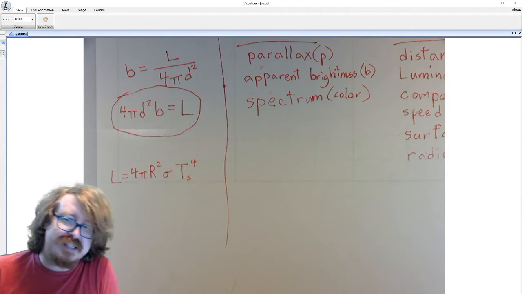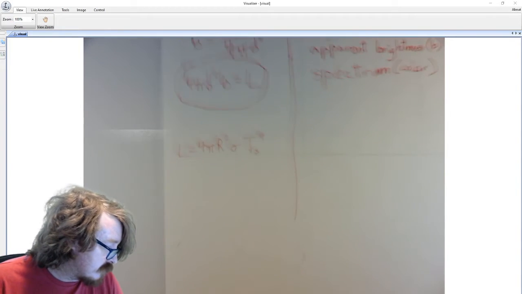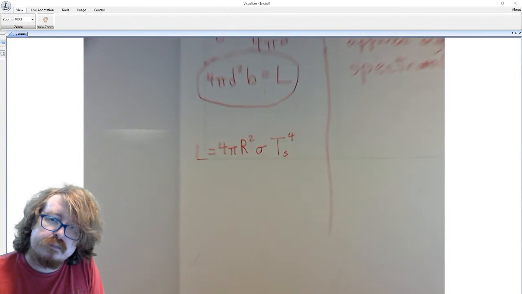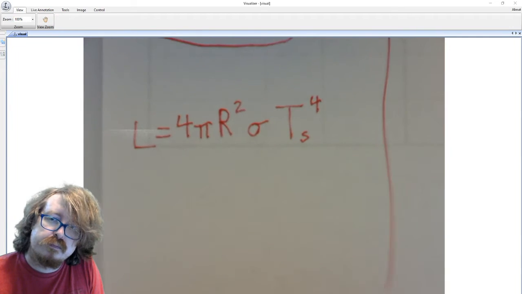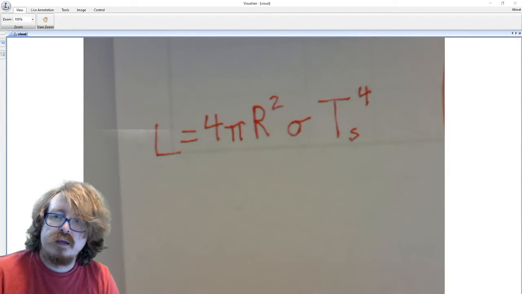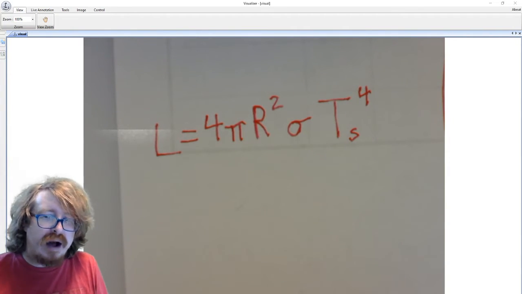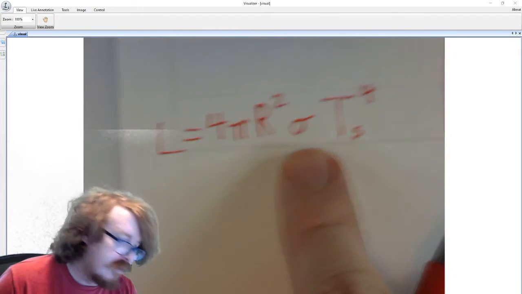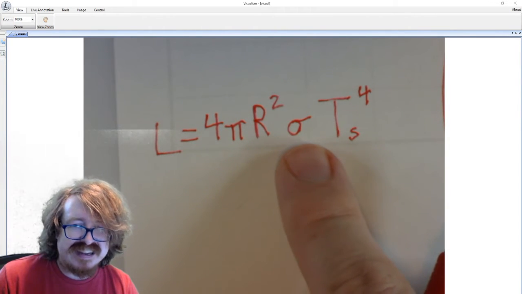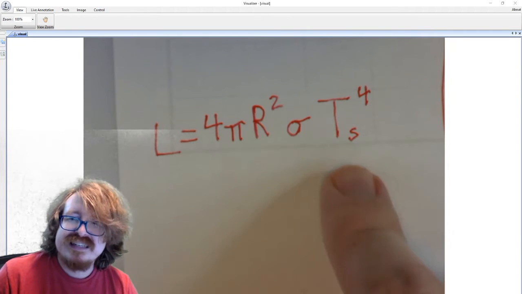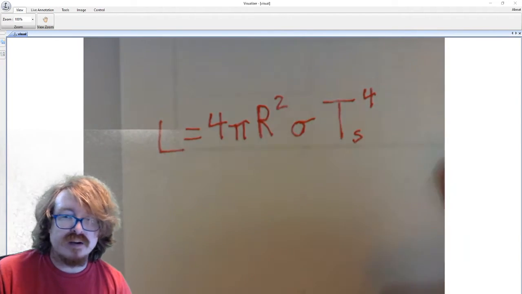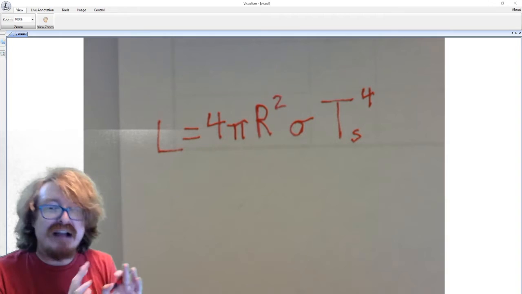I'll make this make sense. Let me zoom in on this. There we go. So L equals 4 pi r squared, this, which is actually the Greek letter sigma, T sub s to the 4th power. Don't leave. I'm going to make it make sense.